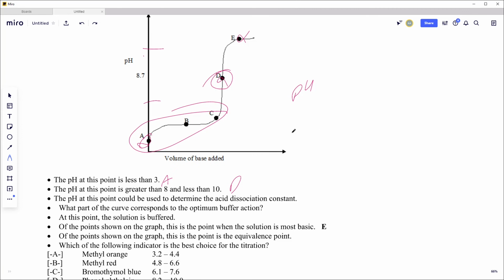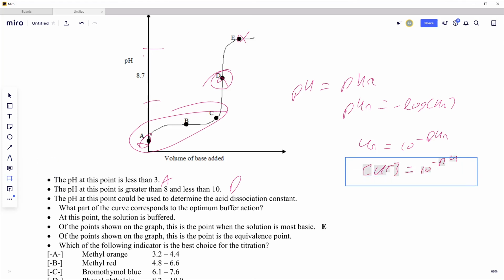Because of that, you have something called a half equivalence point. The special part is that the pH equals the pKa, and from the pKa you can get the Ka. pKa is minus log of the Ka, so to get Ka, do 10 to the minus pKa, just like how we find the concentration of H plus by doing 10 to the minus pH.